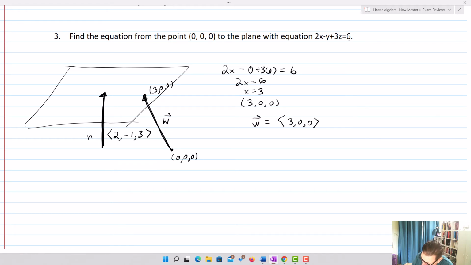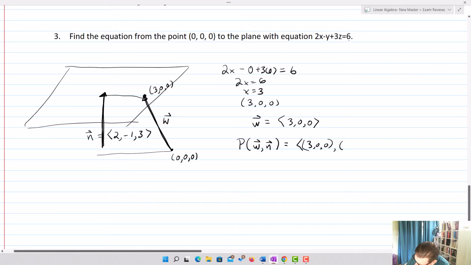Here's my normal, call that N, and that's 2, negative 1, 3. What I'm going to do is project 3, 0, 0 onto N, so I'm going to take the projection of W onto N, and that's going to give me my distance. So we take the dot product of 3, 0, 0 and 2, negative 1, 3.